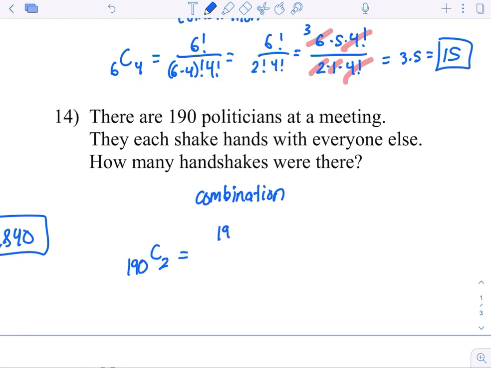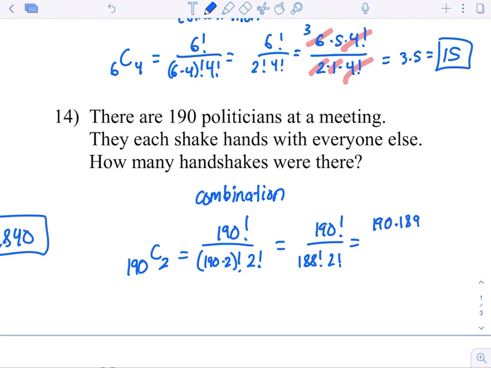So 190 factorial over 190 minus 2 factorial, 2 factorial. 190 factorial over 188 factorial, 2 factorial. So 190, I'm going to stop all the way to 188 factorial.